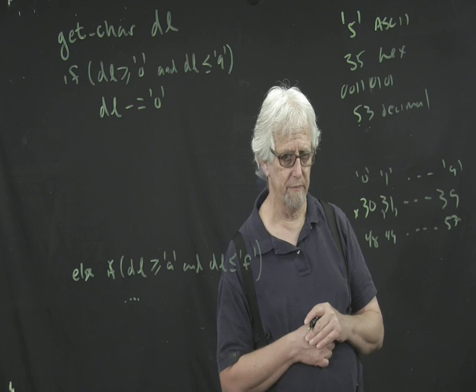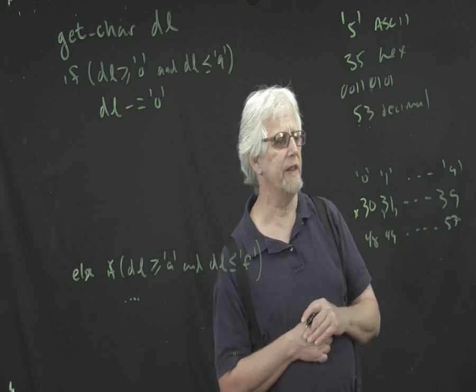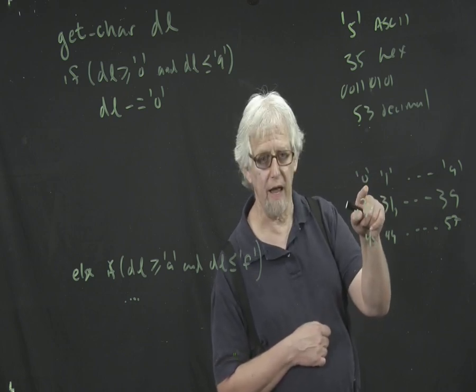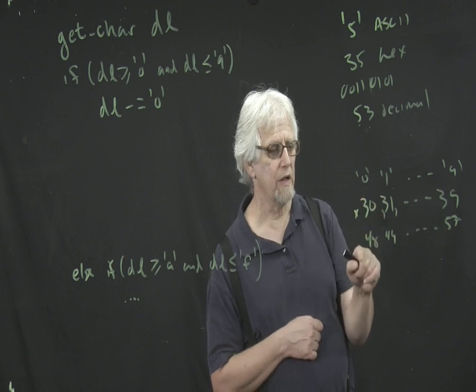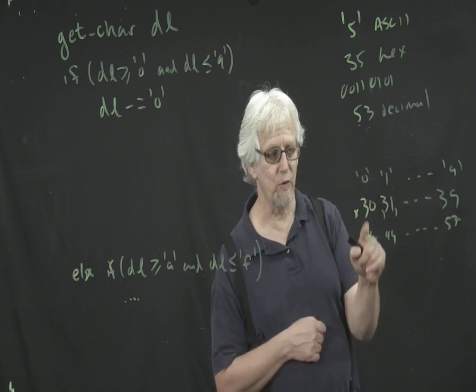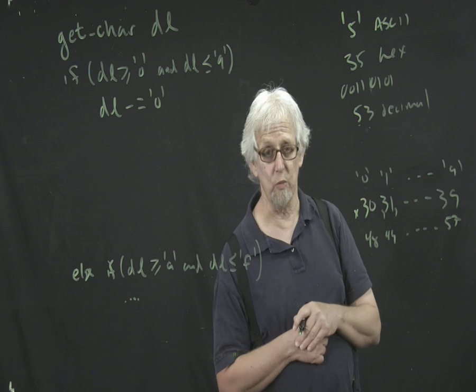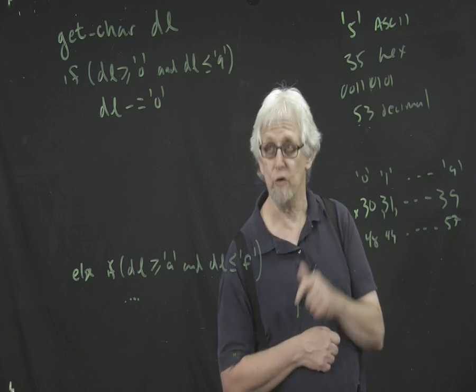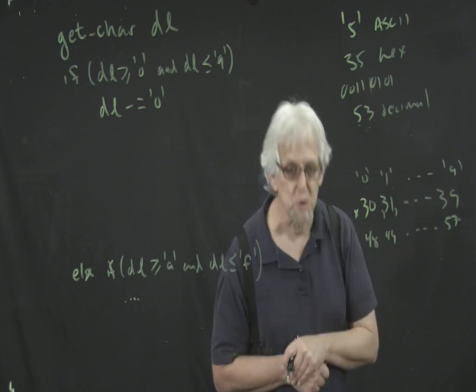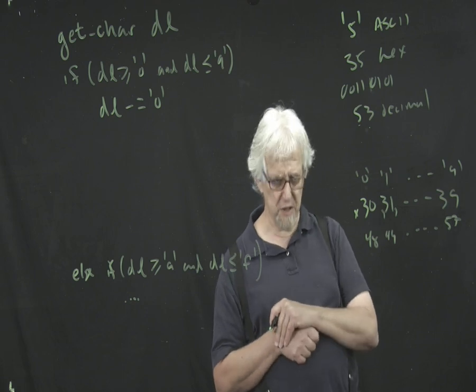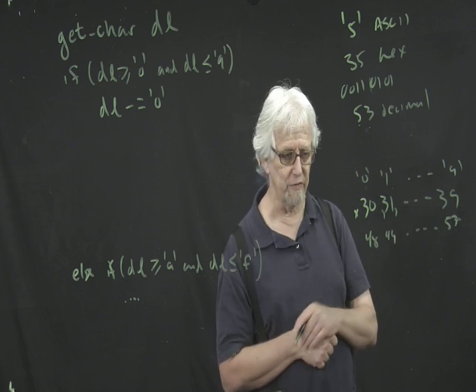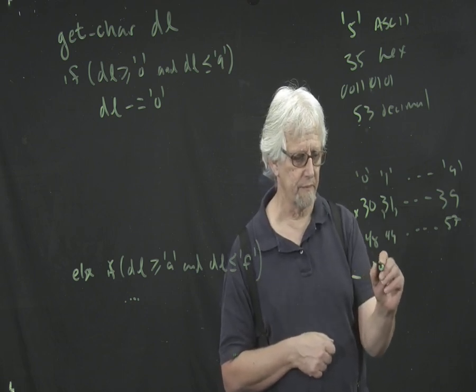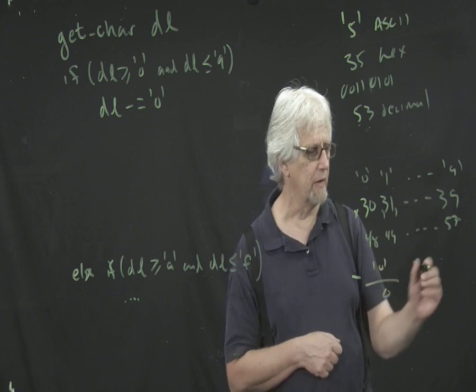Got it? So when they type ASCII 0, they're giving you decimal 48 or hex 30, and what you want is numerically a 0. So you could subtract an ASCII 0, which is to say 48, from all of these. Okay?